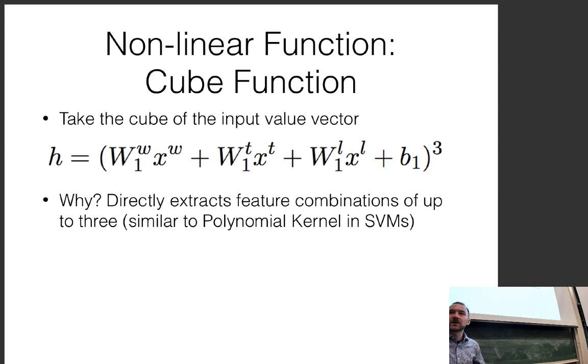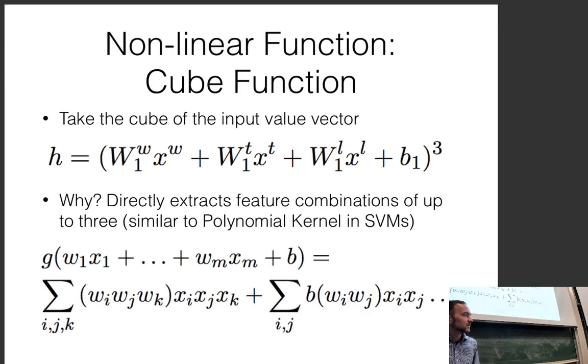So they were motivated by the previous methods. You can see this because if you look at the scores of each of these, you have weight I, weight J, weight K, multiplied by these 3 values, and you can extract all 3 features together like this.